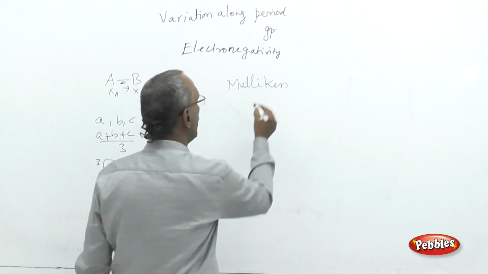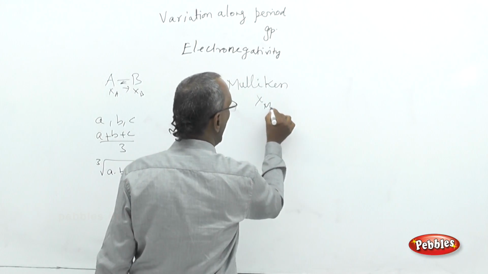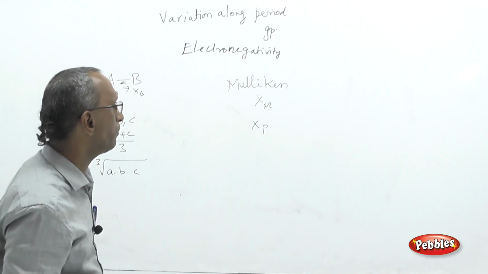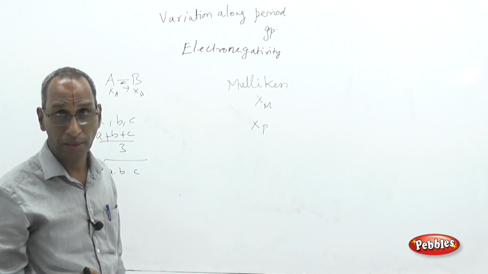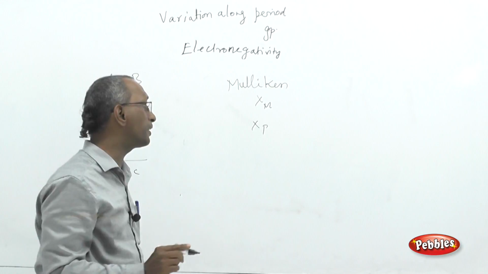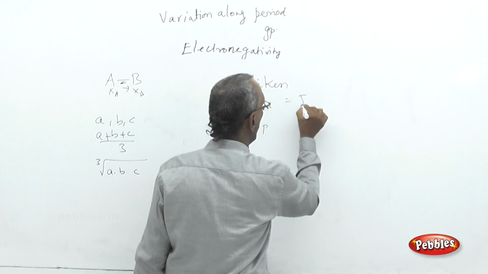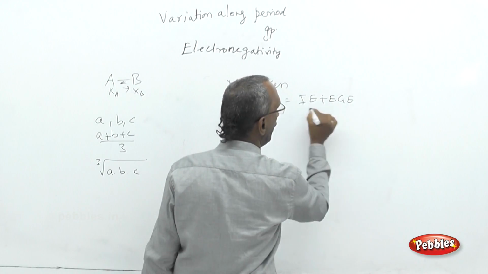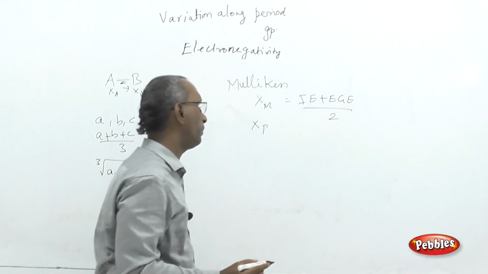So he defined Mulliken's electronegativity Xm. Xp is Pauling's electronegativity. Xm is not metal or phosphorus; it is named after the scientist. Xm, Mulliken's electronegativity, is nothing but the average of ionization energy and electron affinity or electron gain enthalpy.